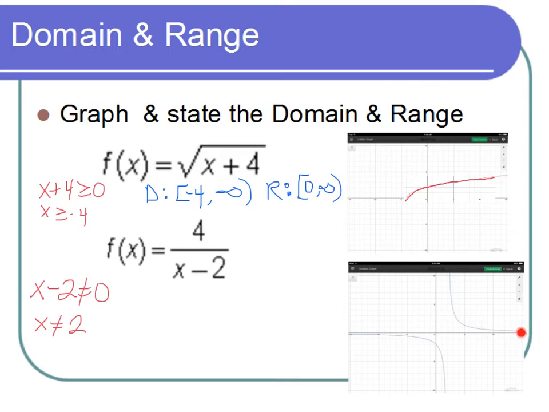Now what's actually going on between there, and your calculator won't show this, is there's an asymptote right in through here. If you'll remember from Algebra 2, an asymptote is a line that your graph will approach but never quite reach. Where that asymptote falls is at that value that you don't want x to be.